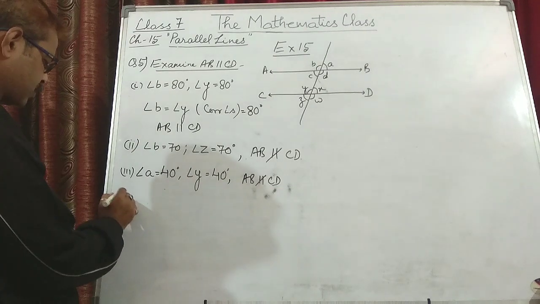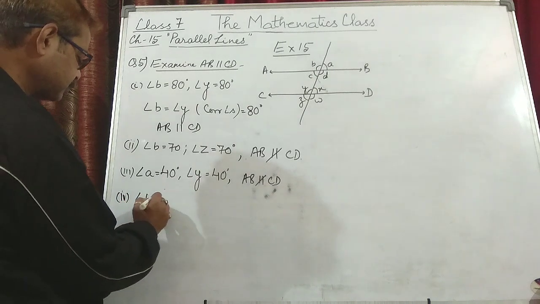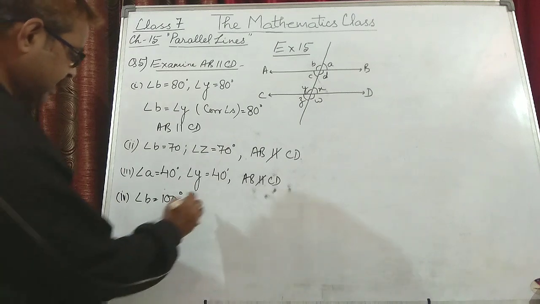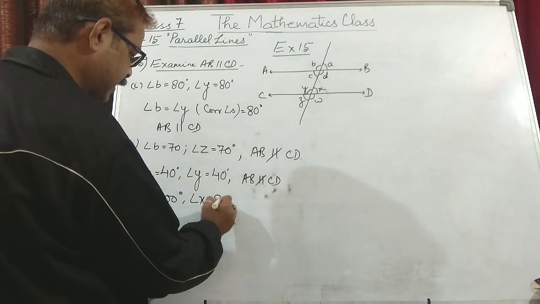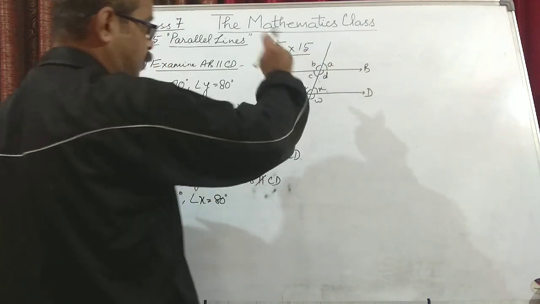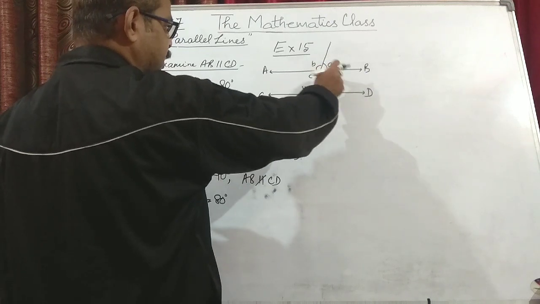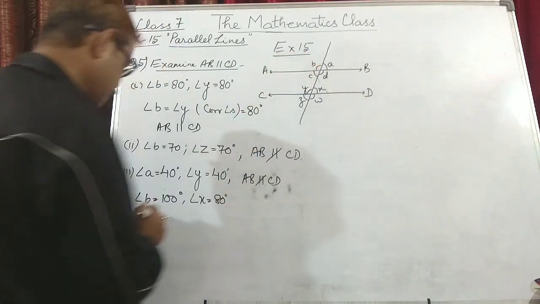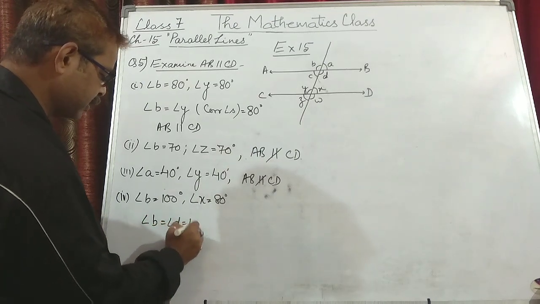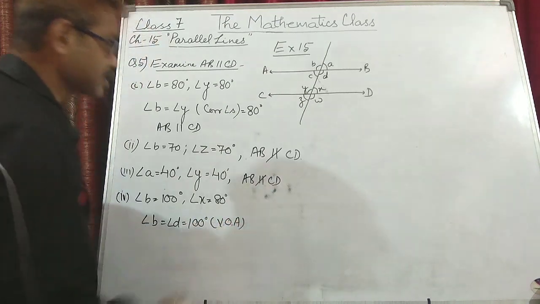This fourth part is angle B equal to 100 degrees and angle X equal to 80 degrees. If angle B is 100, then angle D will also be 100 degrees because they are vertically opposite angles.